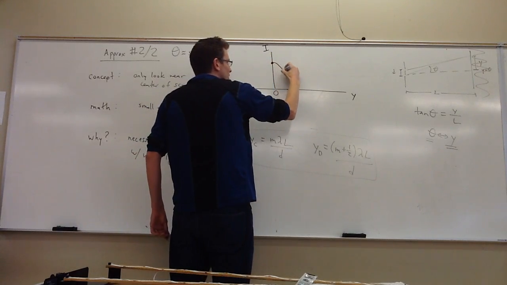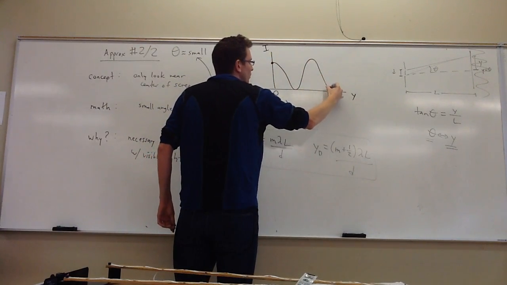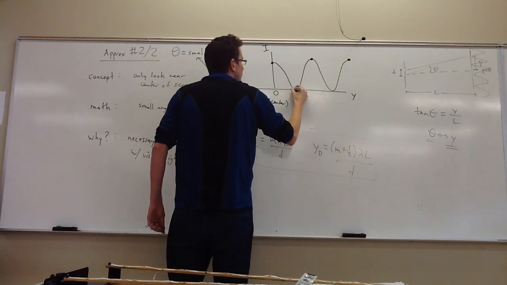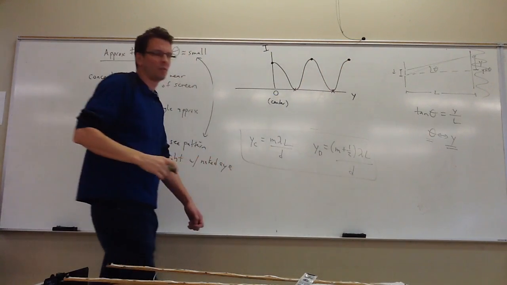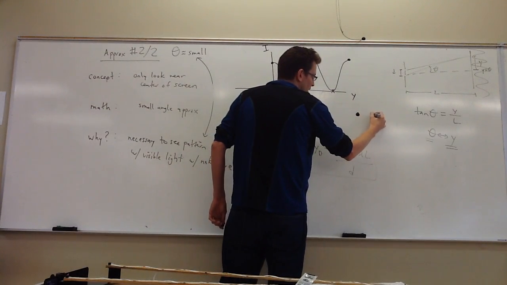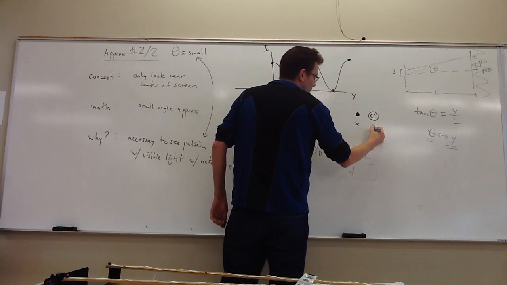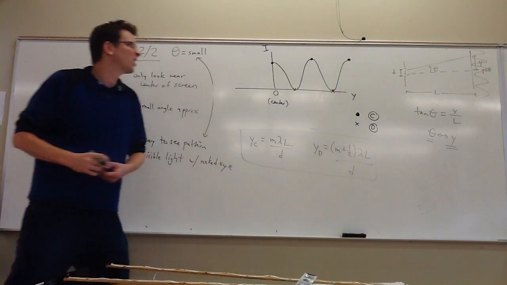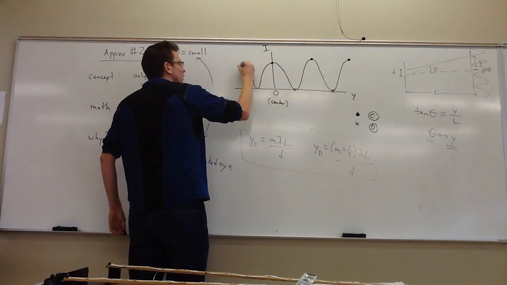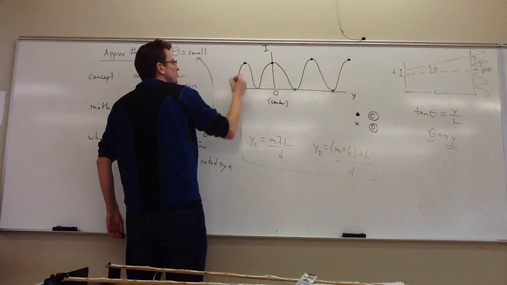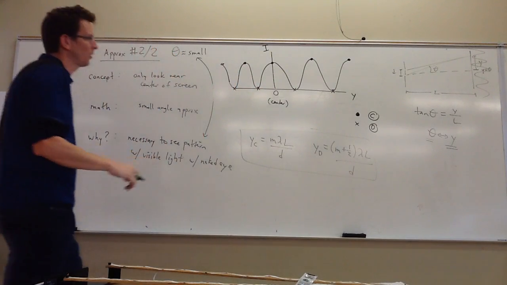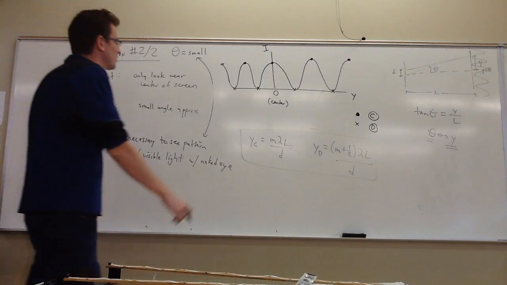And then it's going to go to destructive and then constructive, destructive, constructive. The dots indicate the spots where it's maximally constructive, and the X's are where it's maximally destructive. I should probably draw it on the other side as well, and it just goes on in both directions. That should be plenty.